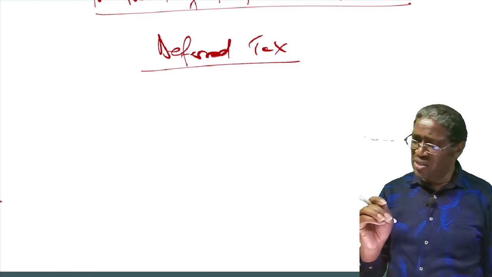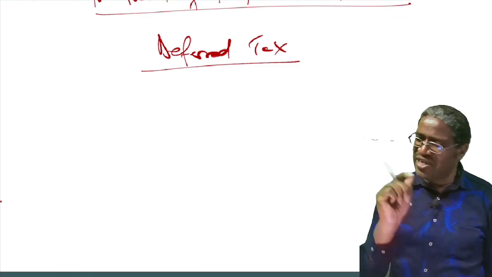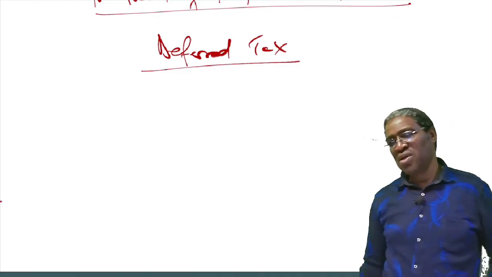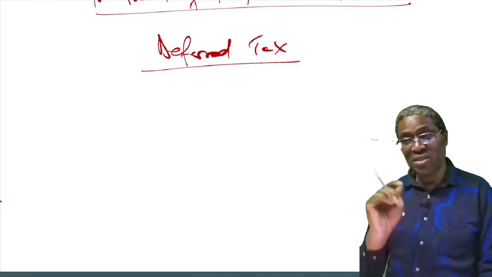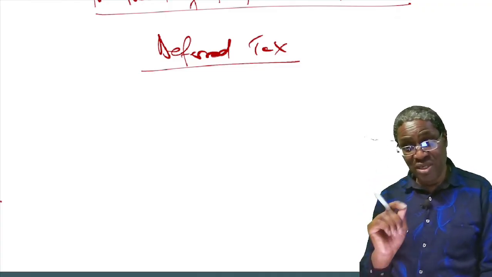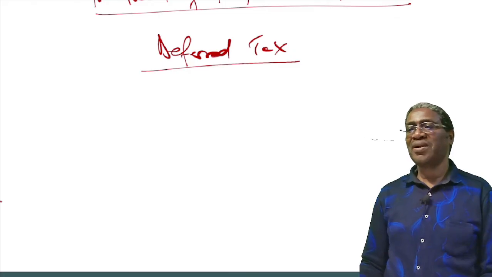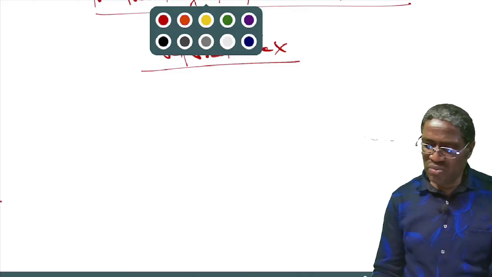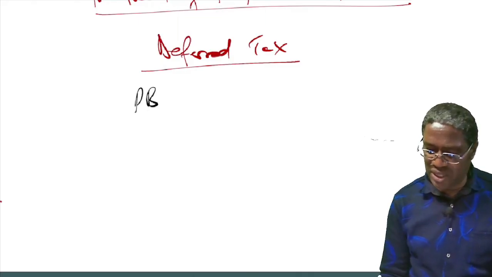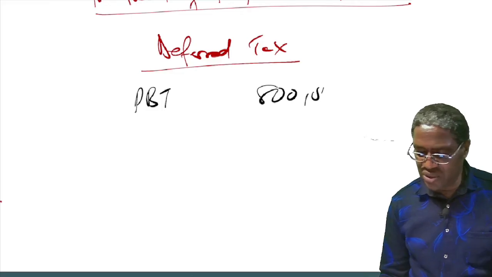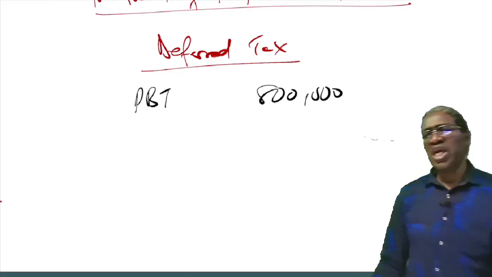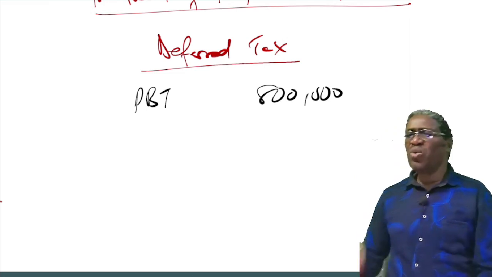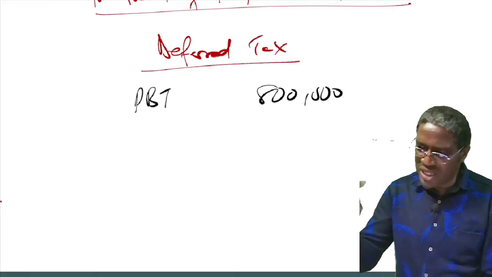It is obvious from the term deferred tax. I think you can get something from the term deferred tax. Listen. As a company, let us assume you made a profit before tax this year of 800,000. If you take this profit to the taxman, he will not tax you on 800,000.